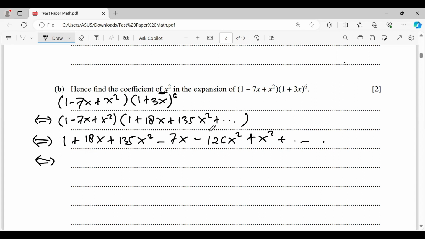Now we are going to focus on the coefficient of x squared. Minus 126x squared, and then plus 1.